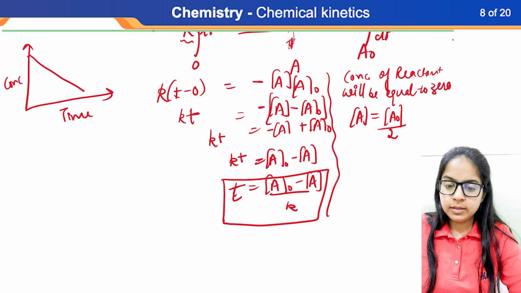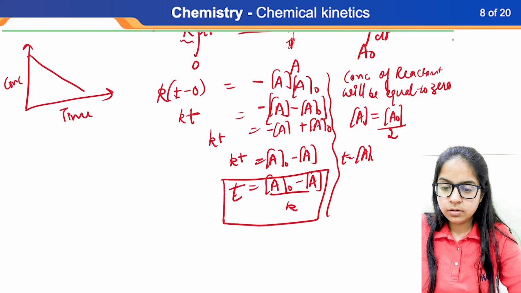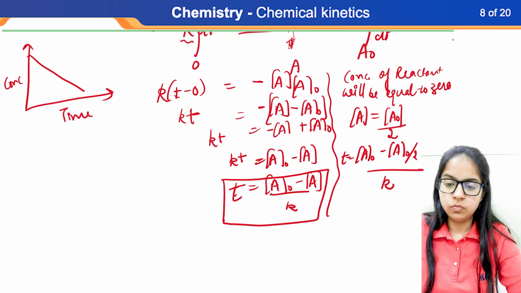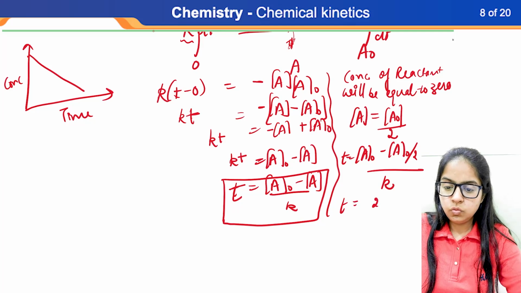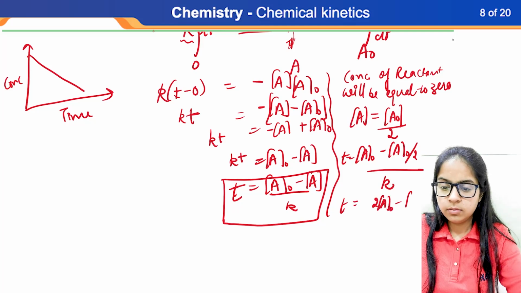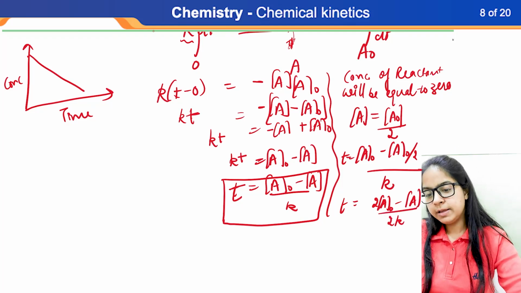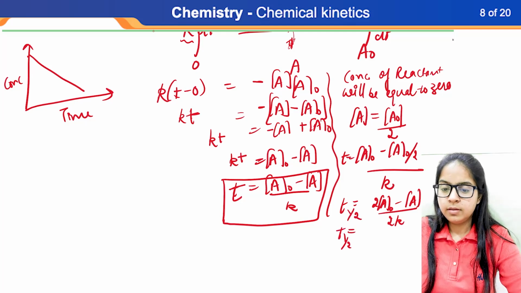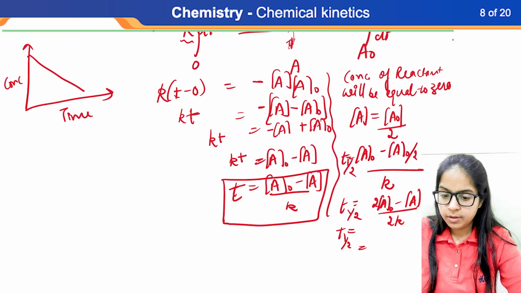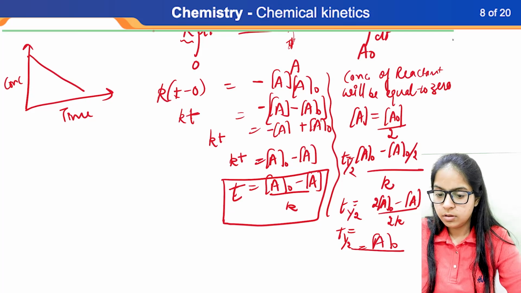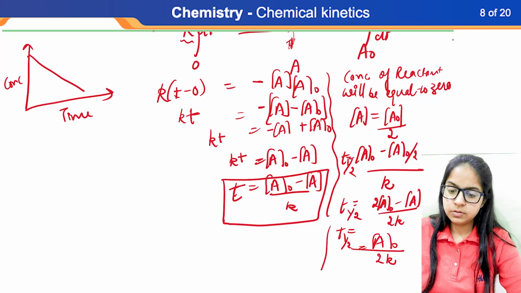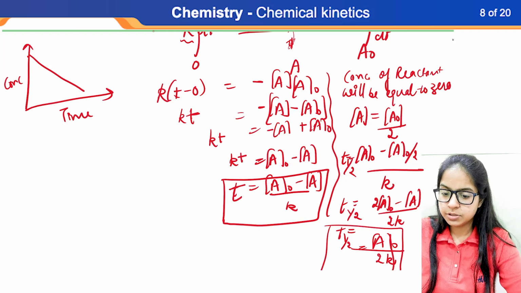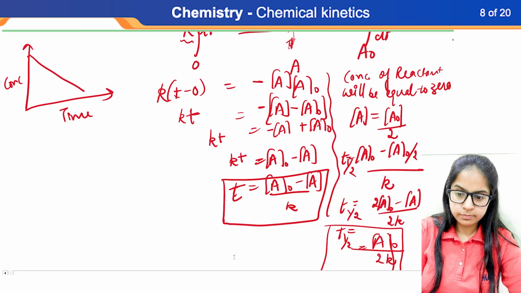Then T is equal to A naught minus A naught by 2, so T is equal to 2A naught minus A naught, over 2K, because it is going to get multiplied with the denominator. T half will be equal to A naught by 2K. So you need to calculate the expression for the zero order reaction.